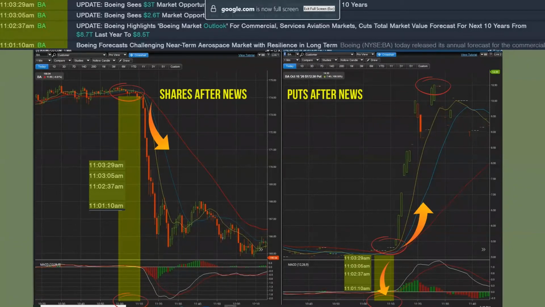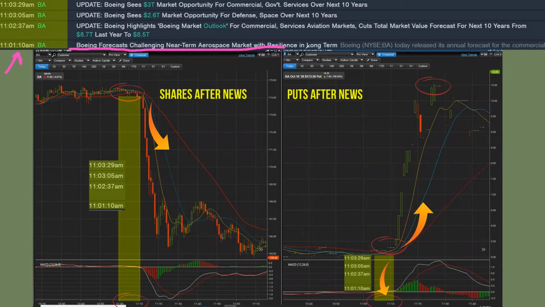But what I wanted to show you guys here, which is really important, is take a look at what's happening above here. So this is all of our news, right? So when we heard this news, Boeing forecasting challenging near-term aerospace market with resilience in long-term, update, Boeing market outlook for commercial aviation markets cuts total market value forecast for the next 10 years from 8.7 trillion last year to 8.5 trillion.